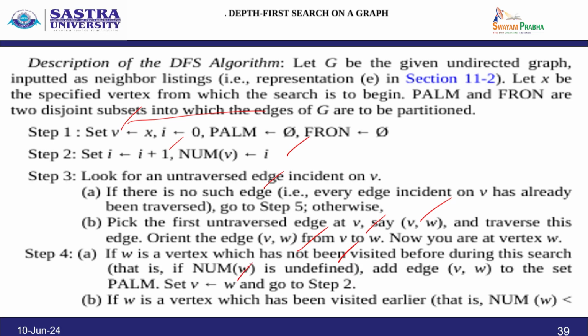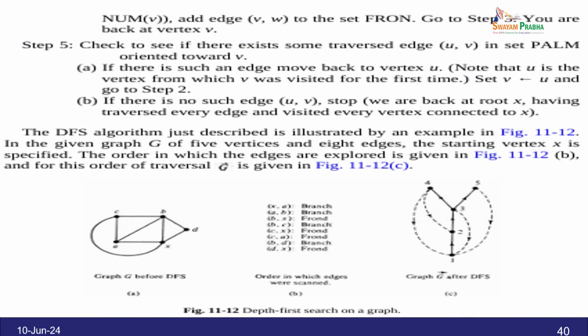If W is a vertex which has been visited earlier, that is, NUM of W is less than NUM of V, add edge V comma W to set fron and go to step 3, you are back at vertex V.